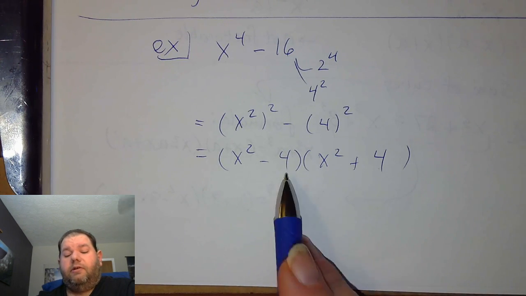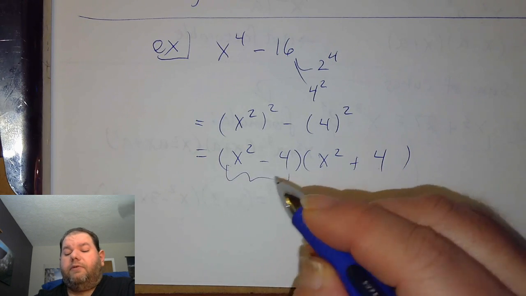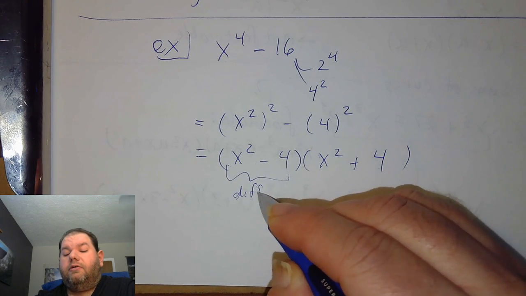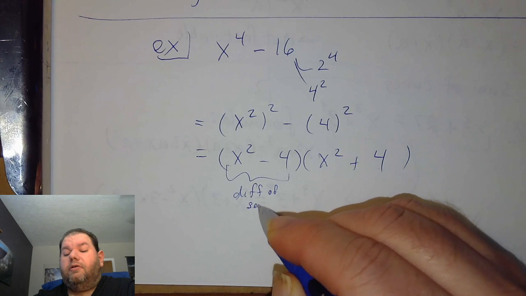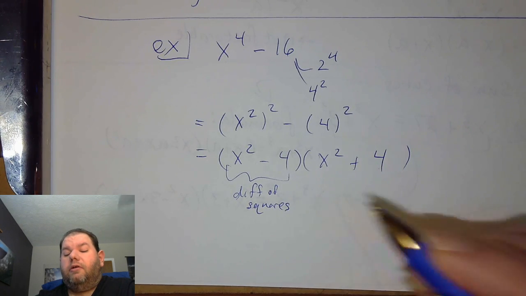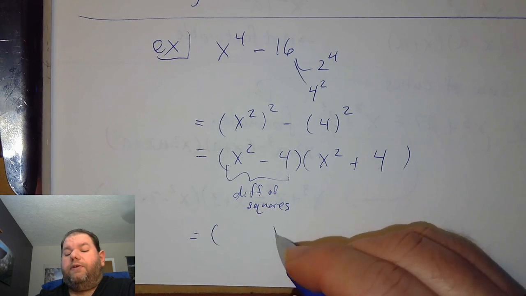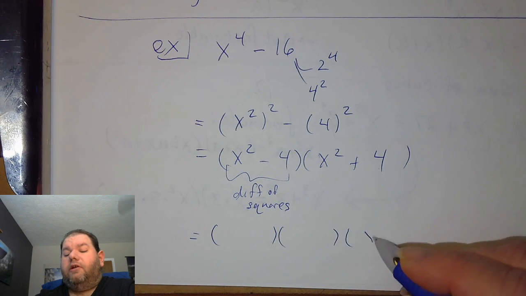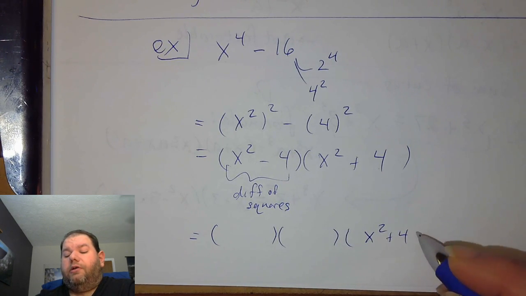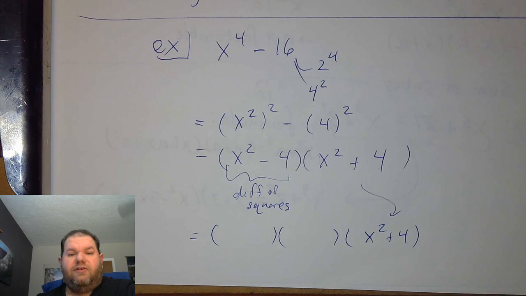This one, however, is still a difference of squares. So we know we can take that one step further. It's just that the x squared plus 4 will have to stay the same. We won't be able to break that down any more than it already is. So if we have x squared minus 4, what are the other two factors that we create based on that?